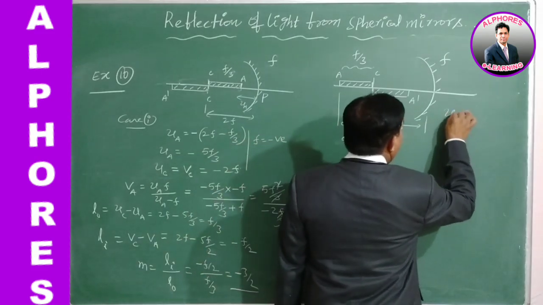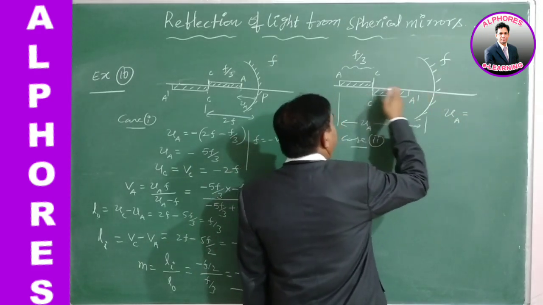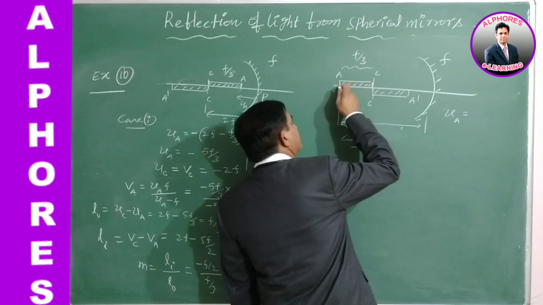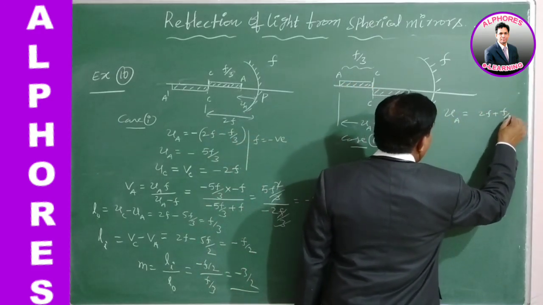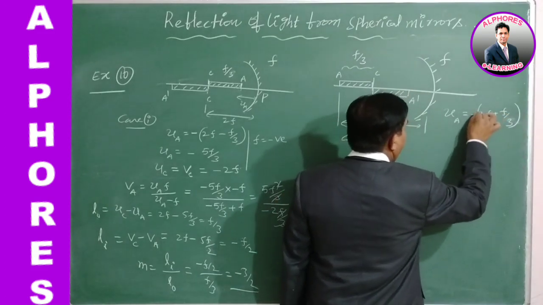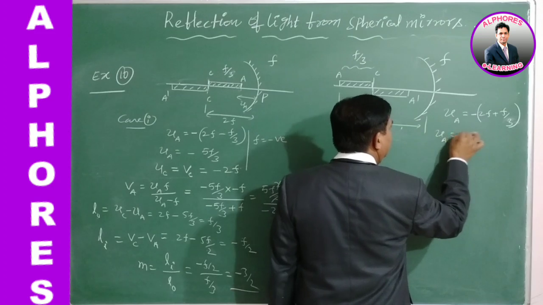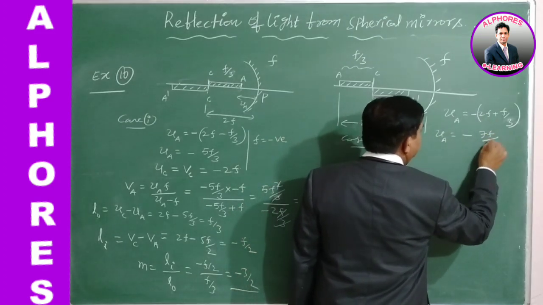What is UA? UA from here to here is 2f plus f by 3, of course, with the minus sign convention. UA is equal to minus 7f by 3.